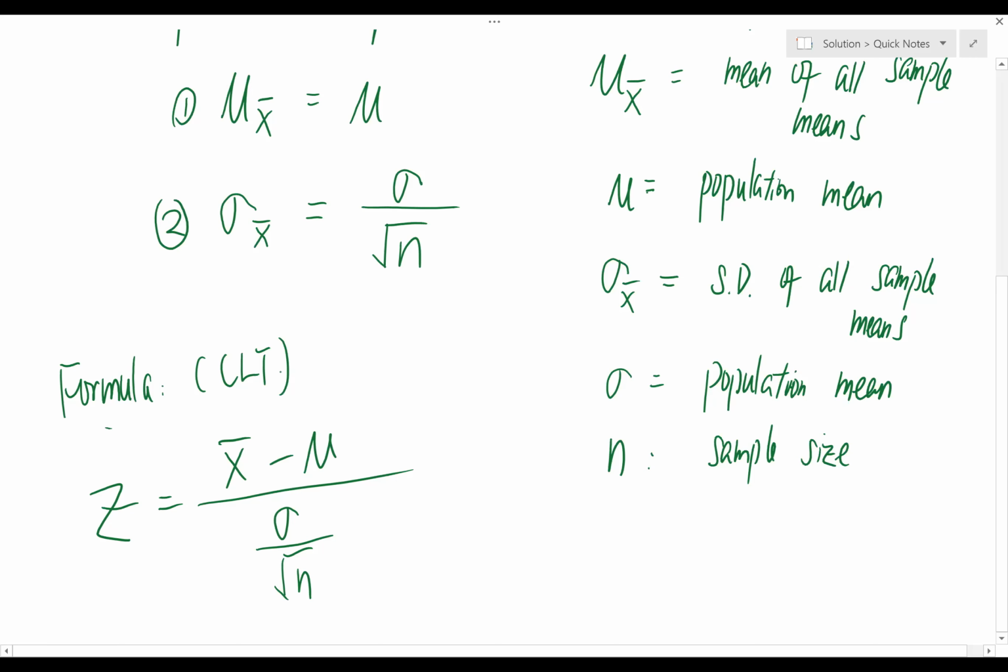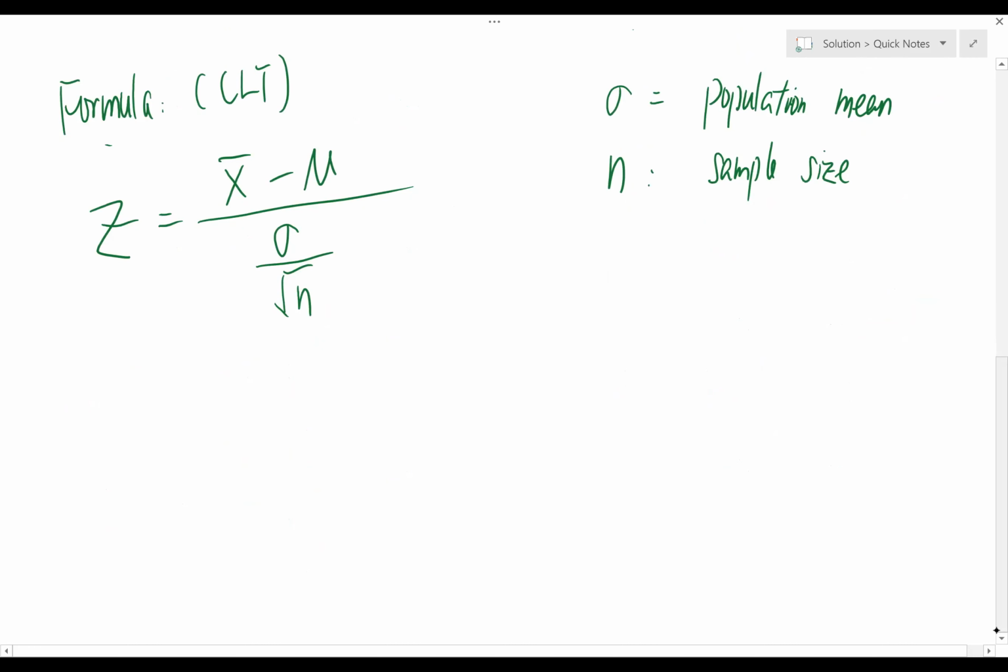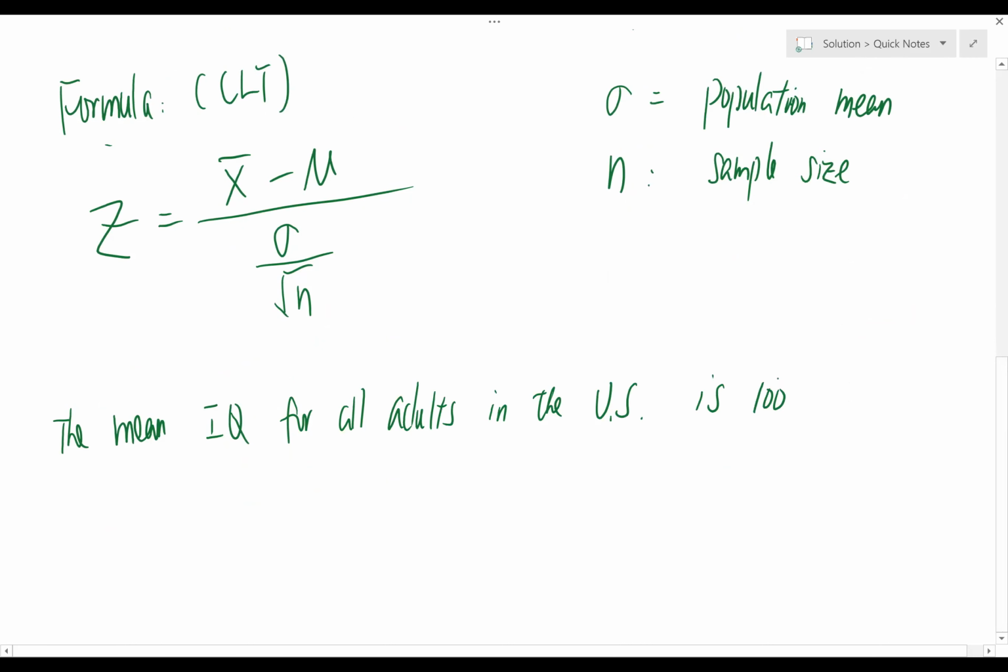You can also just use the abbreviation CLT to represent the central limit theorem. And now, if you want to apply this, let me give you a very simple example, like the one we did from the previous question. Let's say the mean IQ score for all adults in the US is 100, and the standard deviation is 12, remains the same.